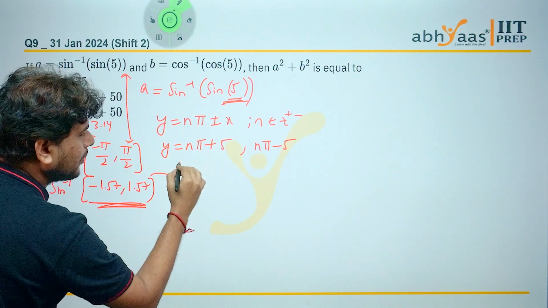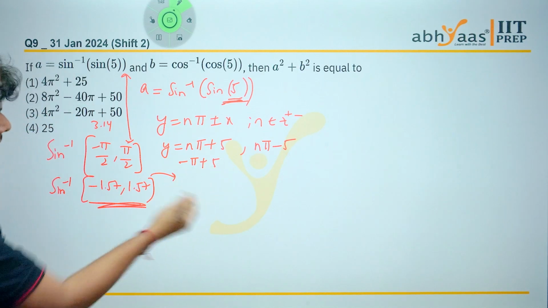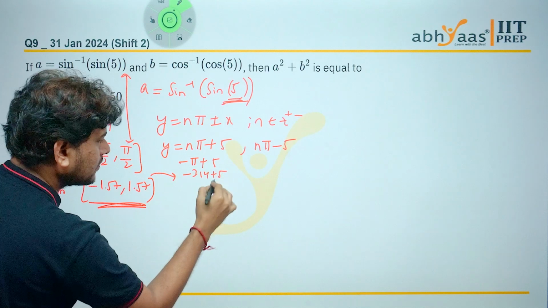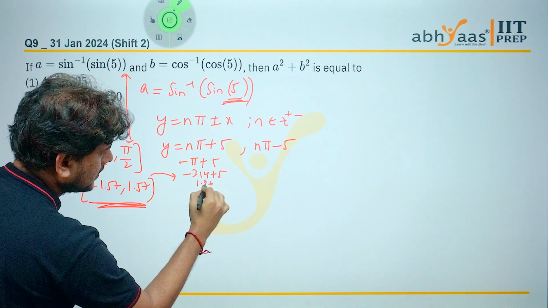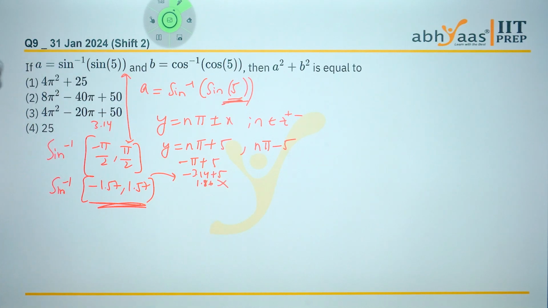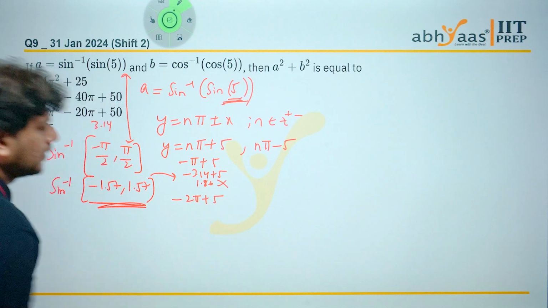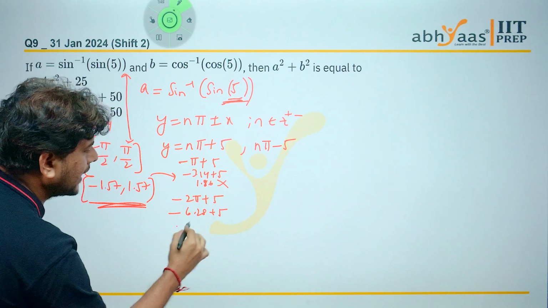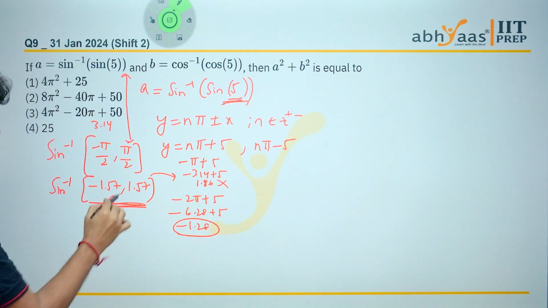So let's take minus pi plus 5. So minus 3.14 plus 5 will be 1.86. Okay, not possible. So let's take minus 2. Now minus 6.28 plus 5 will get minus 1.28. This comes in between these values.